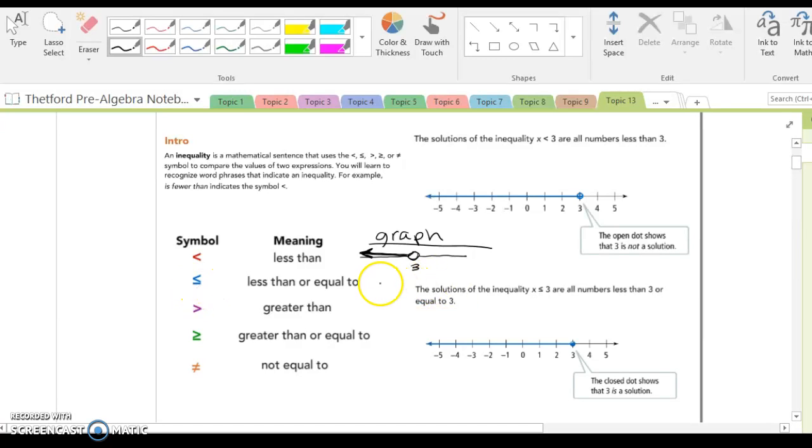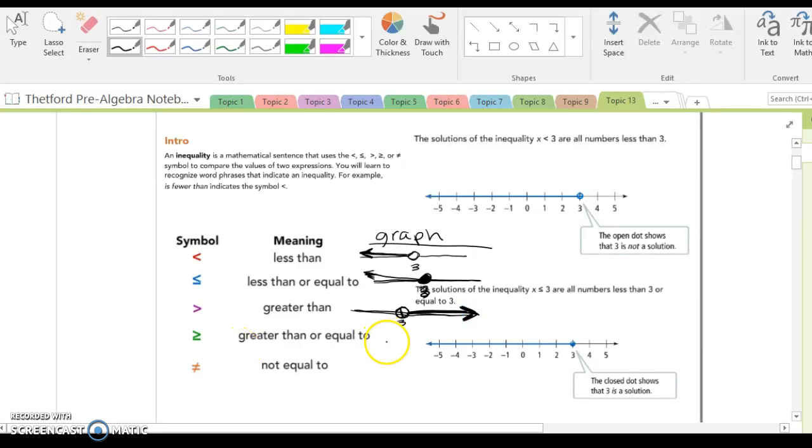With a less than or equal to statement, that means that I have 3, only now I can circle and color in my point because I am going to include 3. It makes my statement true. And so I do include 3 as a solution, and then I go every number to the left as well. Greater than means that if I have my number line and I'm using a 3, it's going to be an open circle because that is not an answer to the problem, but it's every number above 3 that is a solution to the inequality.